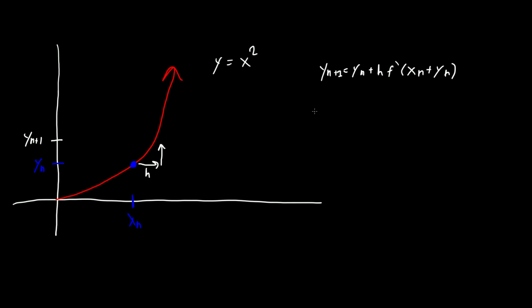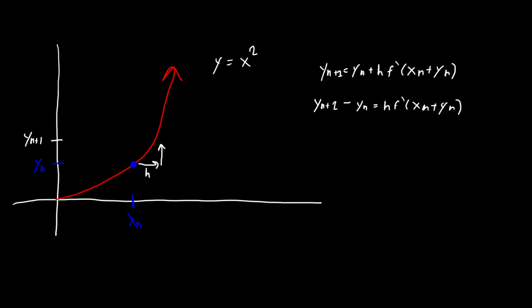So let me rewrite this as y sub n plus 1 minus y sub n will equal h times f prime of x sub n, y sub n. If you're wondering what I did, I simply moved y sub n over to the left side. So you subtract y sub n from both sides, and then you get y sub n plus 1 minus y sub n equals h f prime, and then that argument.